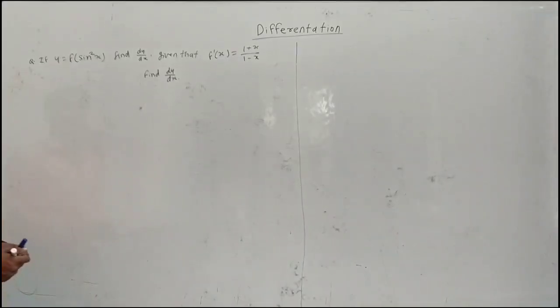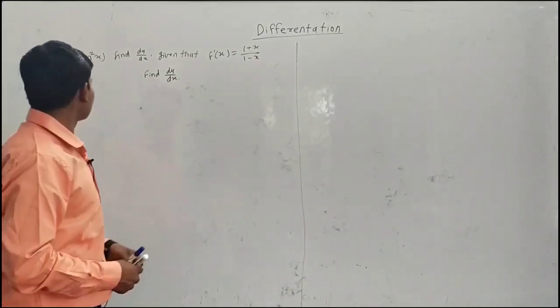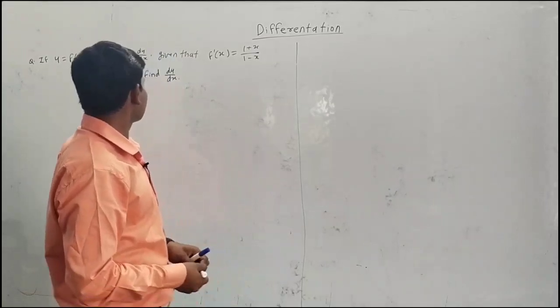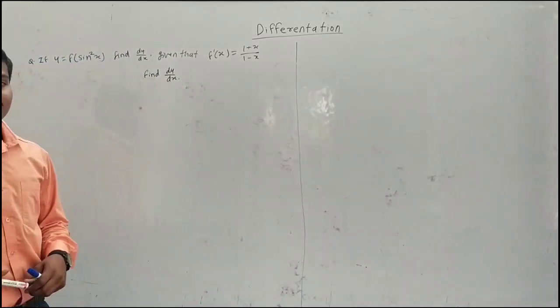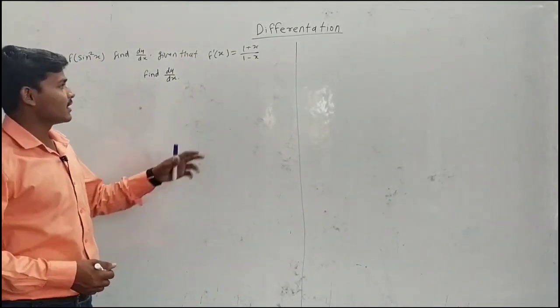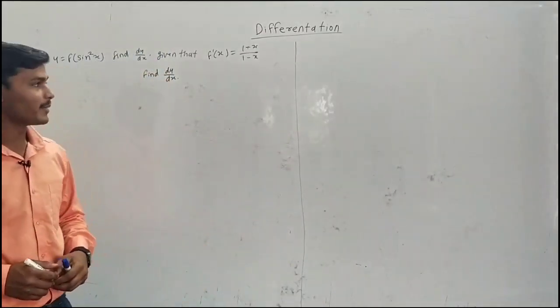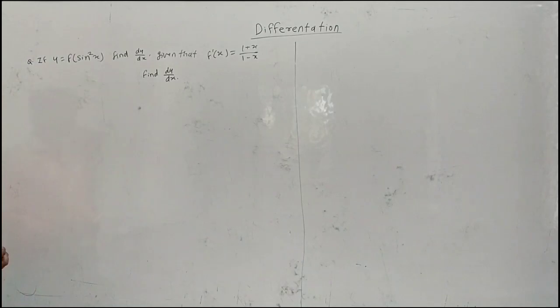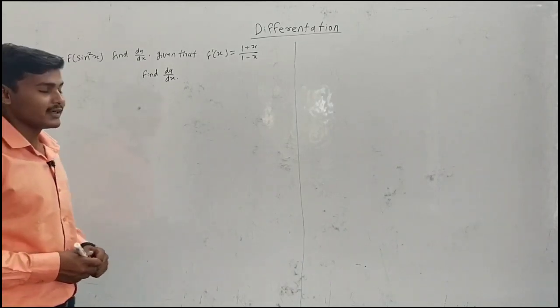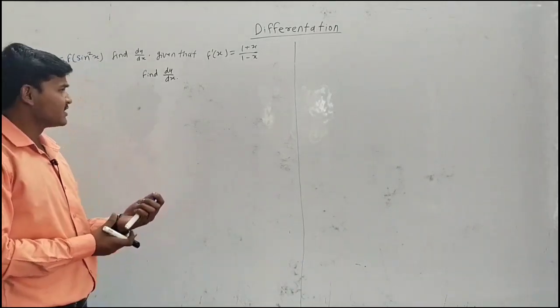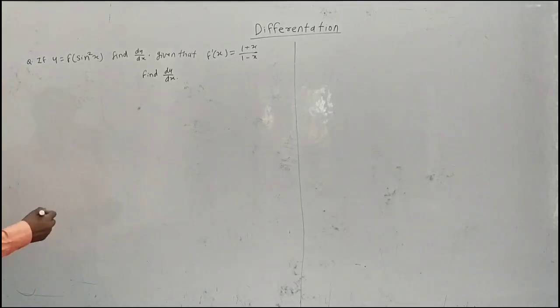Now the next question: if y equals f of sine square x, then find dy by dx, and given that f dash of x equals 1 plus x by 1 minus x, we are asked to find the derivative, that is dy by dx.